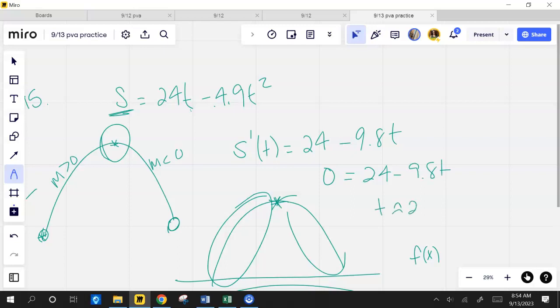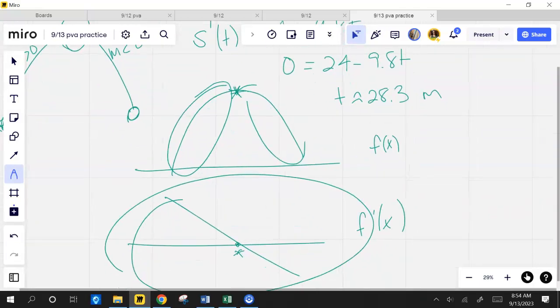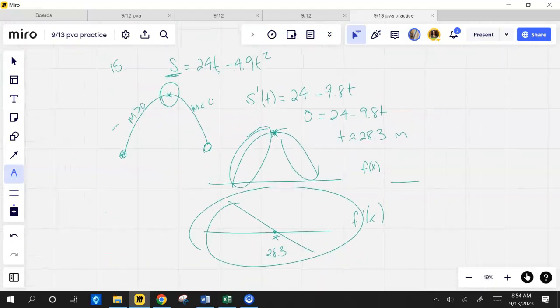Oh yeah, I did the derivative. Okay, and this is in meters, right? So this point, how do I know that it's a maximum? Well, remember that little sign analysis that I showed you yesterday?